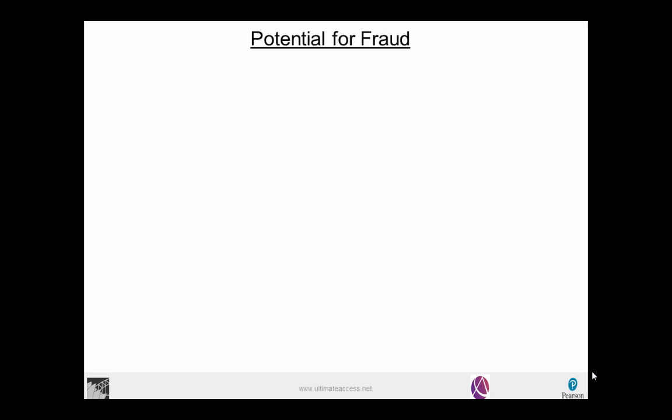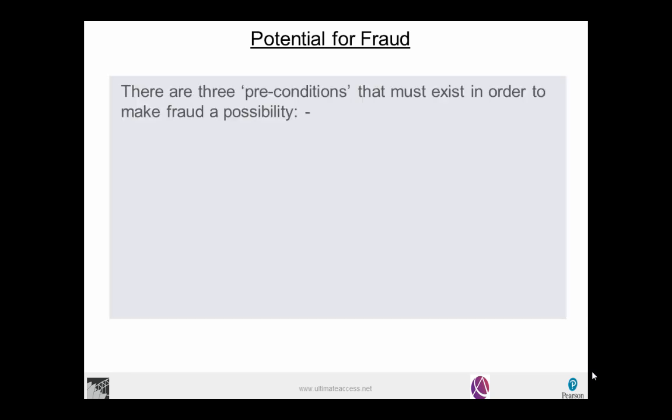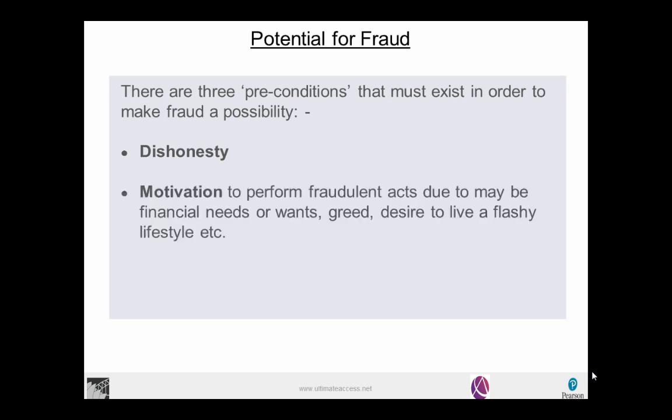Now, potential for fraud. What would encourage you to commit fraud? There are three conditions that we'll be looking at. The first one is you're just dishonest. So if you're dishonest, then you will commit fraud. Two, motivation.